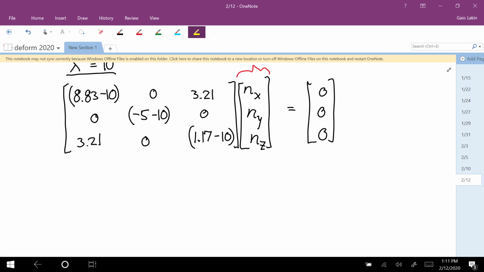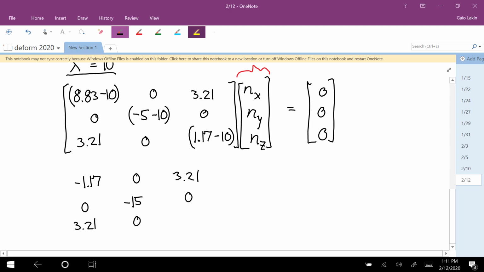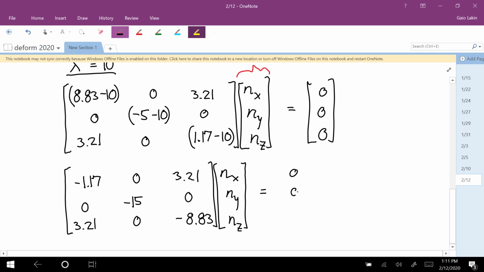Okay, so when you do the subtraction, this matrix equation becomes negative 1.17, 0, 3.21, 0, negative 15, 0, 3.21, 0, negative 8.83, times Nx, Ny, Nz is equal to 0.